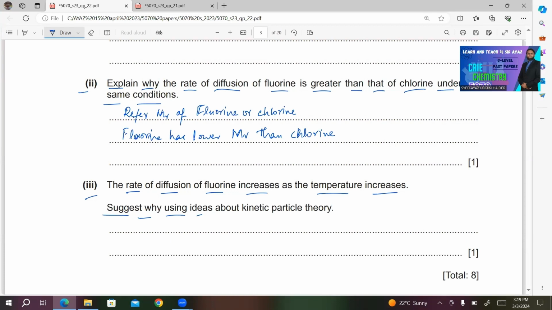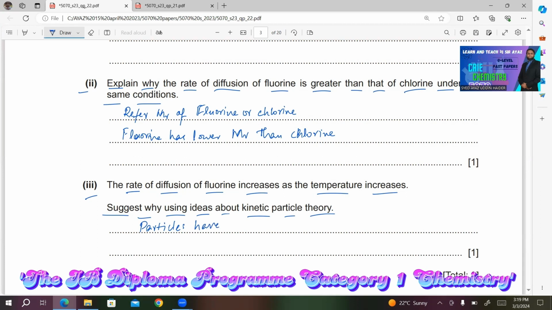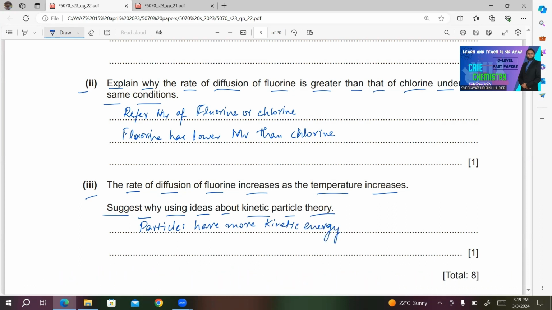Explain why using ideas about kinetic particle theory: particles have more kinetic energy. Or you can even write particles move faster.